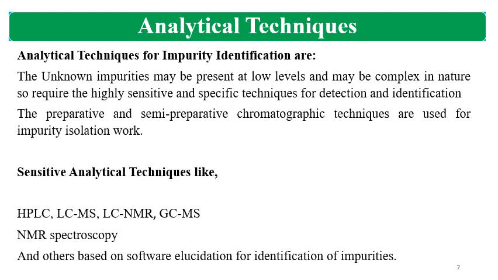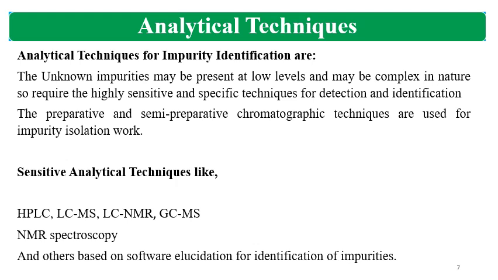Now, what are the analytical techniques? So, the unknown impurities may be present at low levels, and these impurities may be complex. So, analytical techniques which are highly sensitive and which are highly specific are to be used for the impurity detection and for the impurity identification. Mainly the separation techniques are used for separating the impurity.